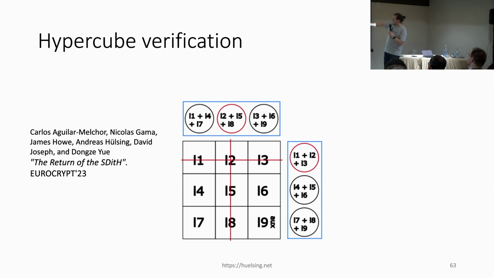By grouping what we call the leaf parties along a dimension. So for example, in this case, we're grouping the parties in terms of the columns. We just sum them up, and they give us what we call the main parties, among which we're running the protocol. You do the same for the rows, and you can do this in arbitrary dimension. You're just projecting along one dimension, and by that you get these different main parties.